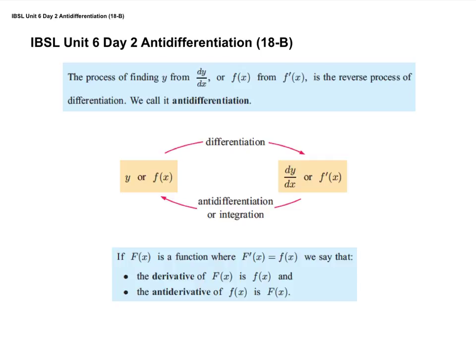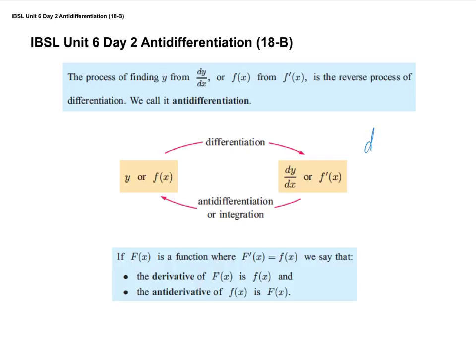We call this antidifferentiation, but it's not a direct inverse because, as we'll see, there's going to be a number of possibilities, and we'll be able to get a family of functions that have the same derivative. Okay?